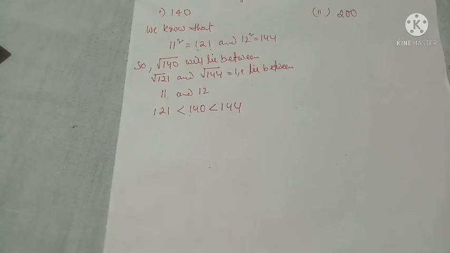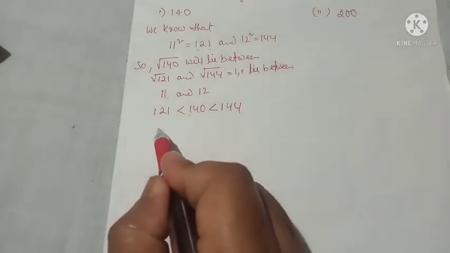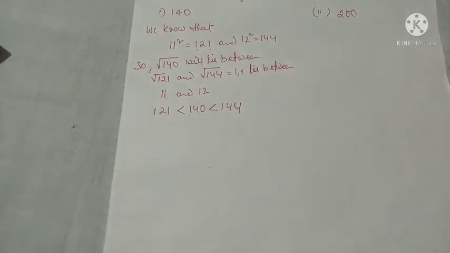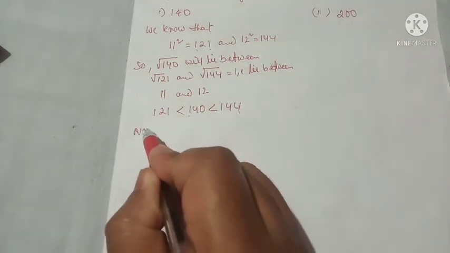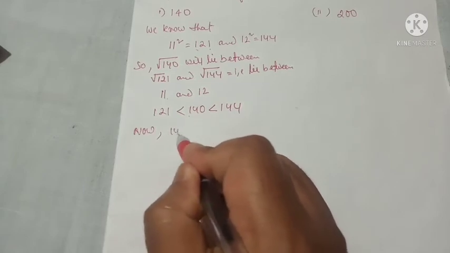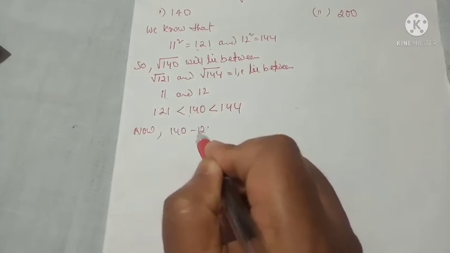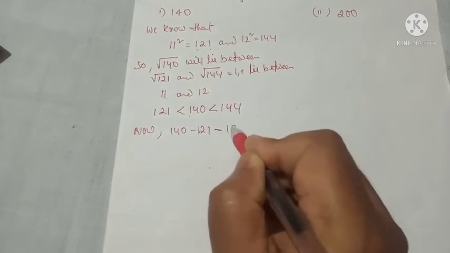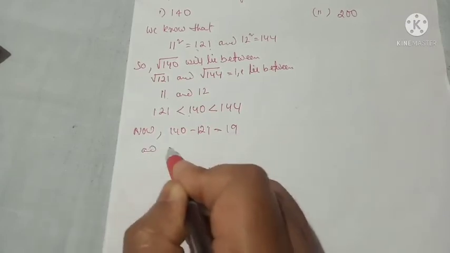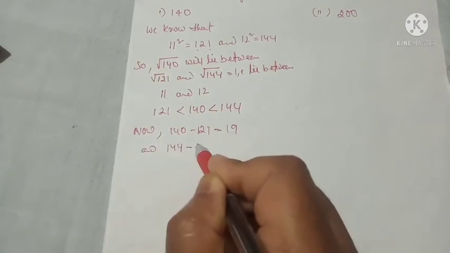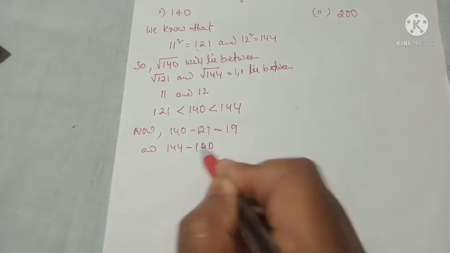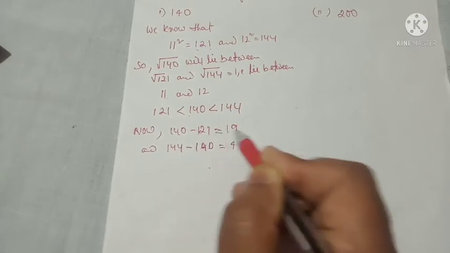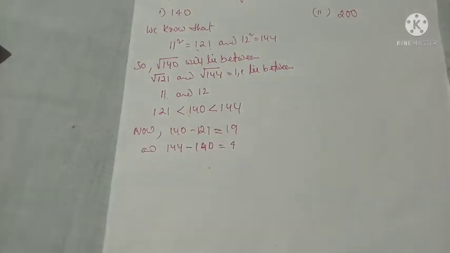Now to find the exact number, what we are going to do is subtract. 140 minus 121, the rule says, is 19, and again 144 minus 140 is 4. So which number is closer, 4 or 19?